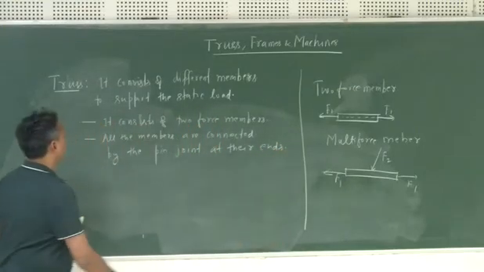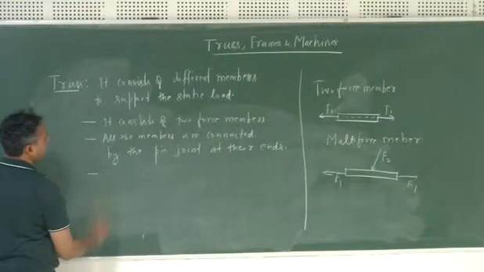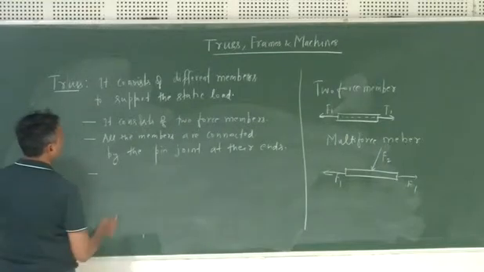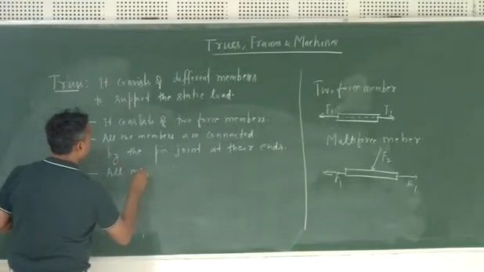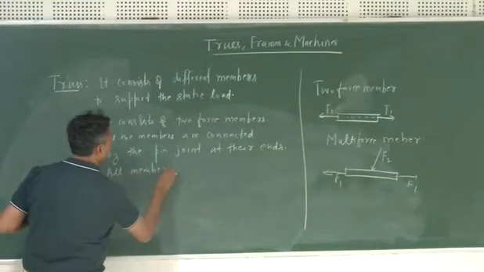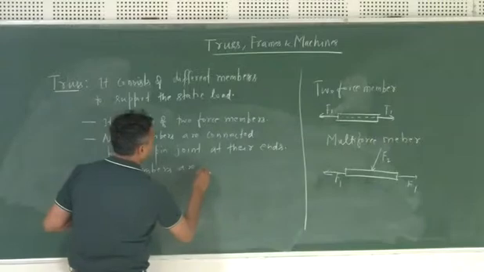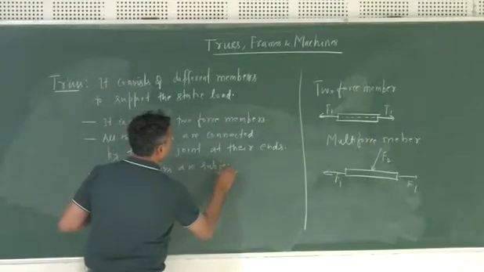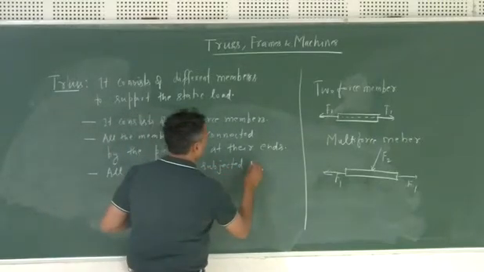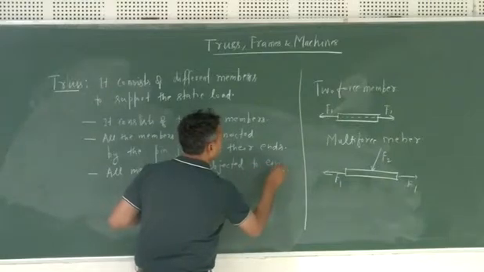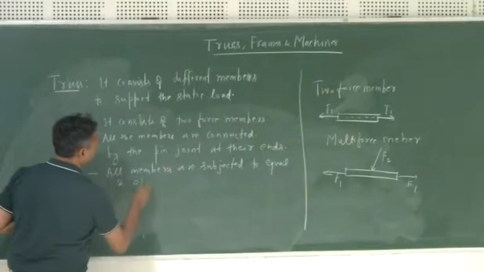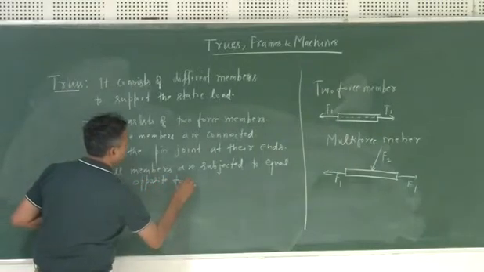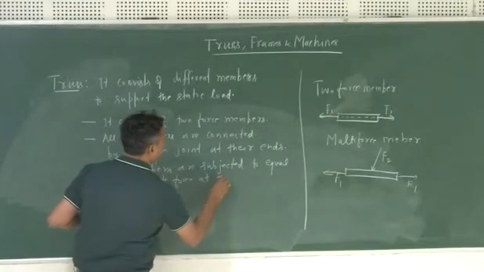Now, when I say it consists of two force members, it means that all members are subjected to equal and opposite forces at the ends.